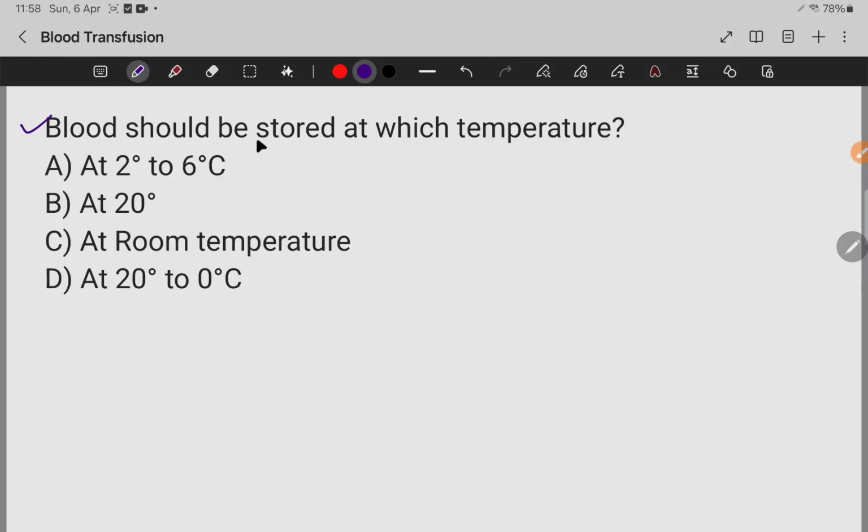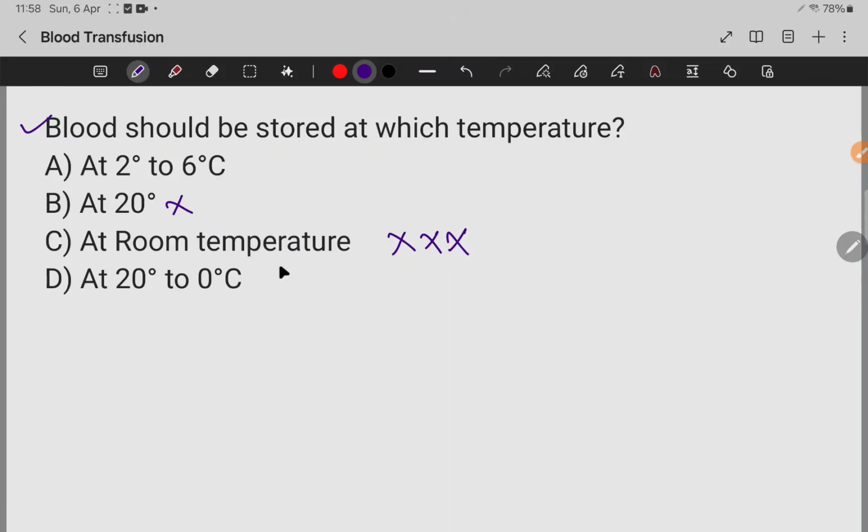What is the question? The blood should be stored at which temperature? Options are 2 to 6 degrees, at 20 degrees, at room temperature, and at 20 to 0 degrees. Room temperature is wrong. Blood can be infused at room temperature but can't be stored at room temperature. We have seen in the theory part that blood can be stored at 2 to 6 degrees.